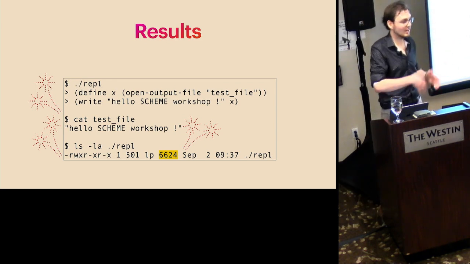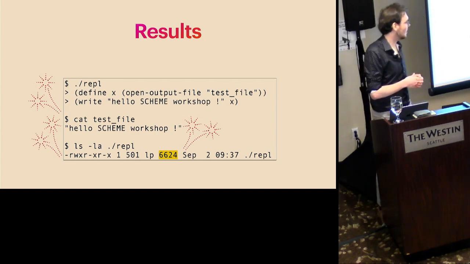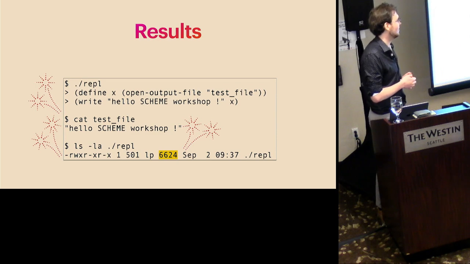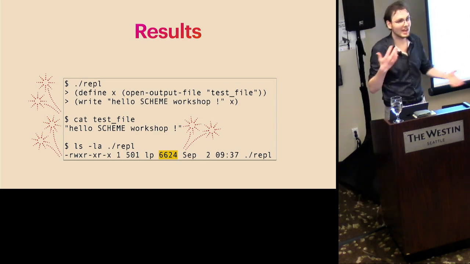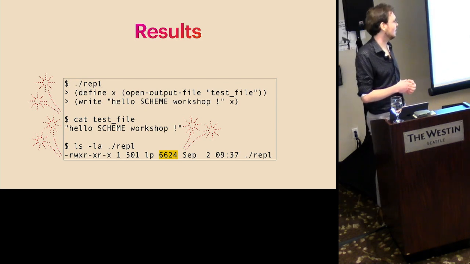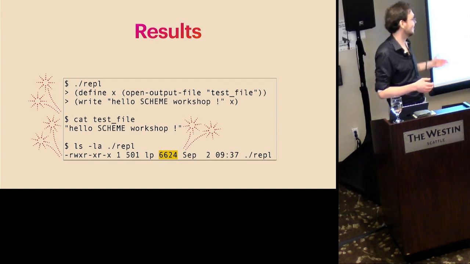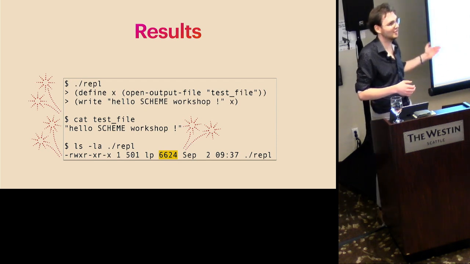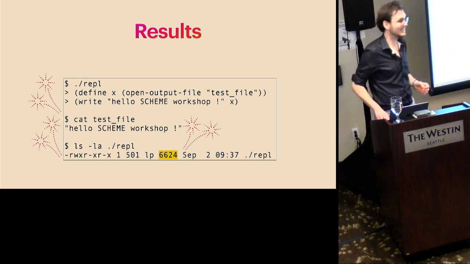I did a little example here where I open an output file and write on it, because the IO primitive was a little bit tricky to implement. So I was proud to have an executable that's 6.5K and can write to a file. It's pretty cool.